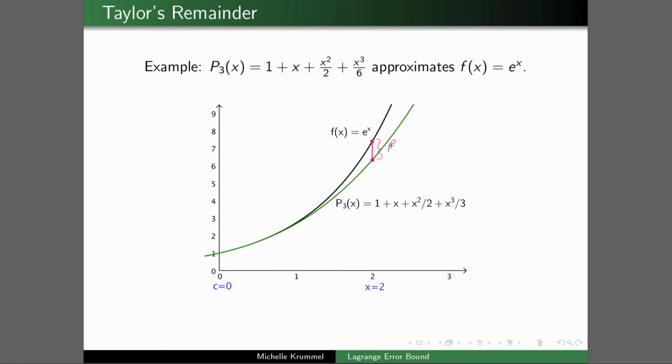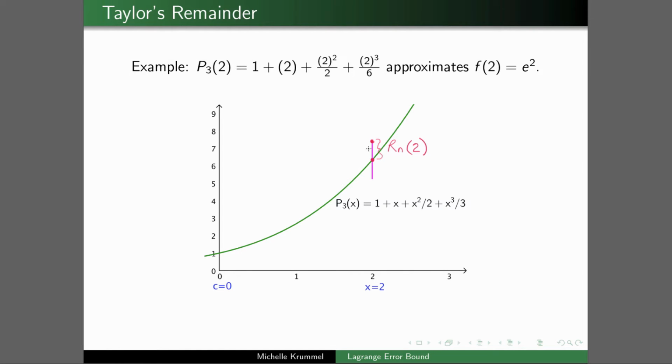So this is the remainder at this specific x value, in this case 2. Since we're not able to find the exact amount of error, we're probably not going to come up with this exact distance shown in this picture here, but we will be able to come up with an amount that we believe is the maximum possible error. So maybe it would look more like this in this case.